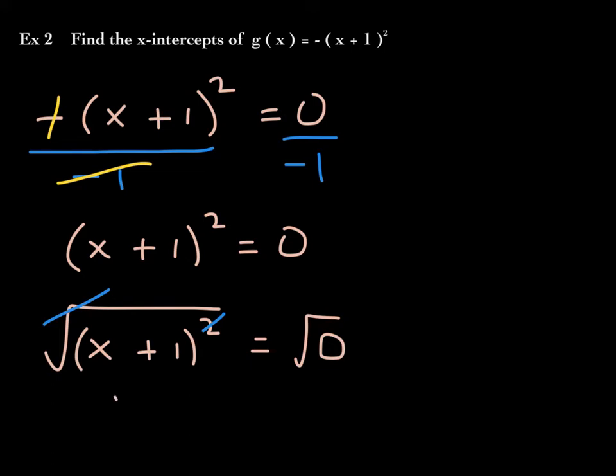So you just have x plus 1 by itself is equal to, now remember that this notation, square root of 0, is asking you for the real number whose square is 0. Said another way, it's asking you for the number such that when you square it, you get 0. Well, that just means it's 0, because 0 squared is 0.